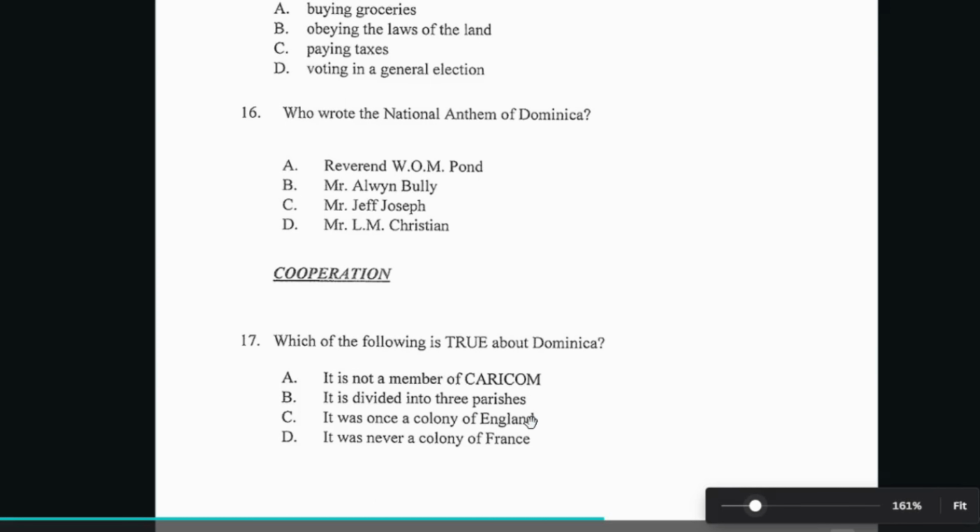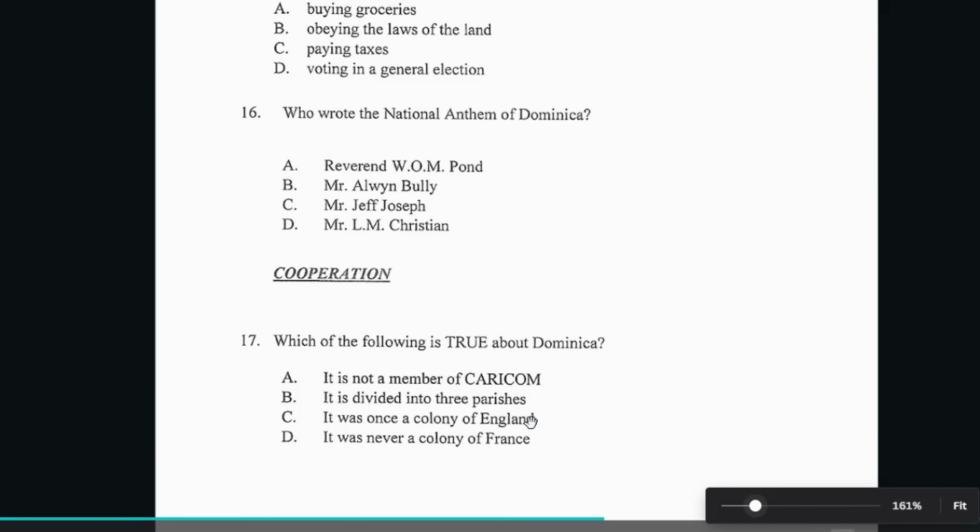Look at the picture below to answer questions 18 and 19. So I zoom in well for you guys to see. So in the picture, we have here customs, we have here nationals and CARICOM members, we have here non-nationals and visitors. Number 18 tells us, why are there 2 different lines at the airport?